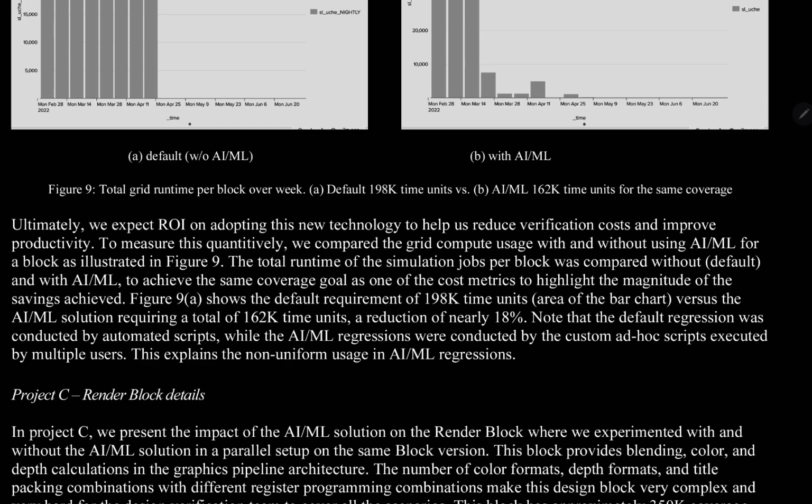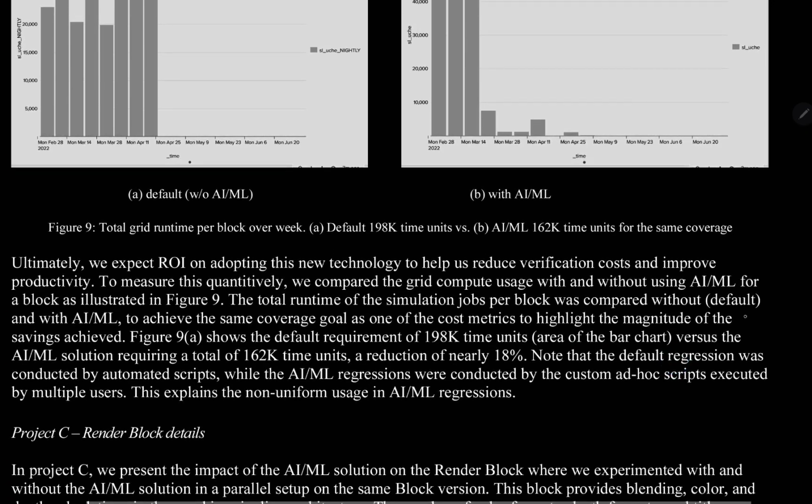Figure 9 shows the default requirement of 198 kilo time units, the area of the bar chart, versus the AI-ML solution, which requires a total of 162 kilo time units, a reduction of nearly 18%.